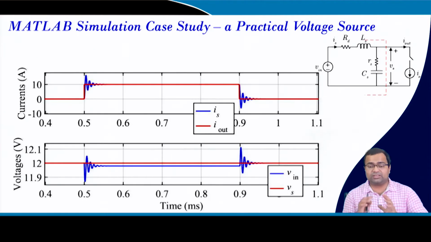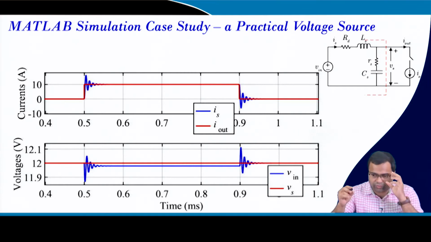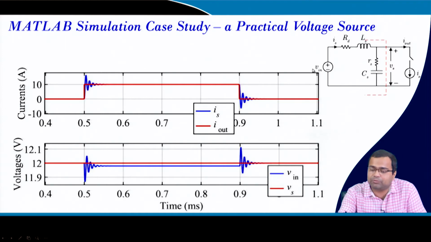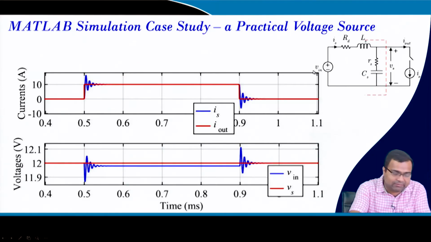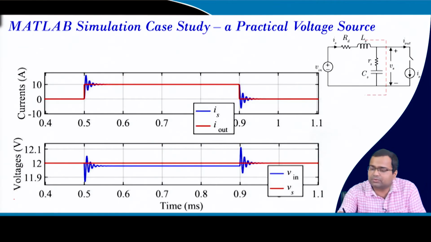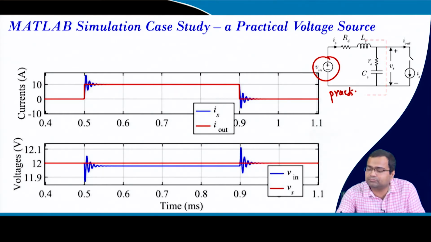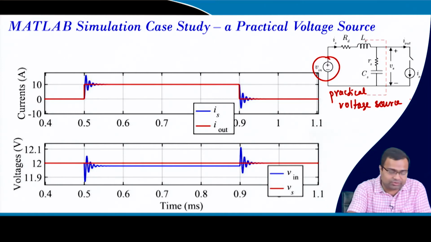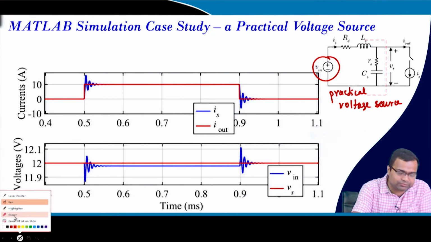And we have also shown this MATLAB simulation case study. What did we do? We considered a buck converter where this input voltage was actually a practical voltage source. Here we are comparing, sorry, this represents a voltage source model.